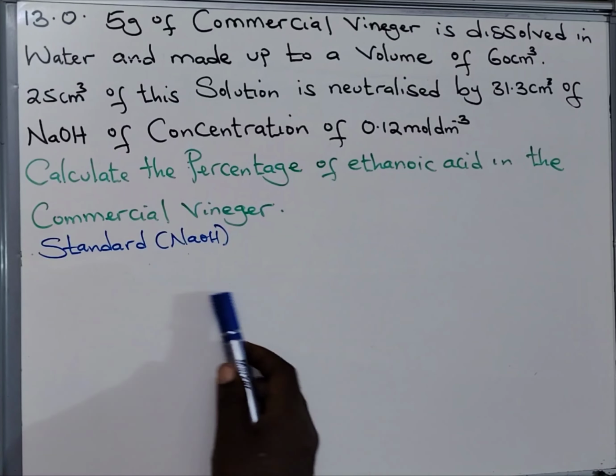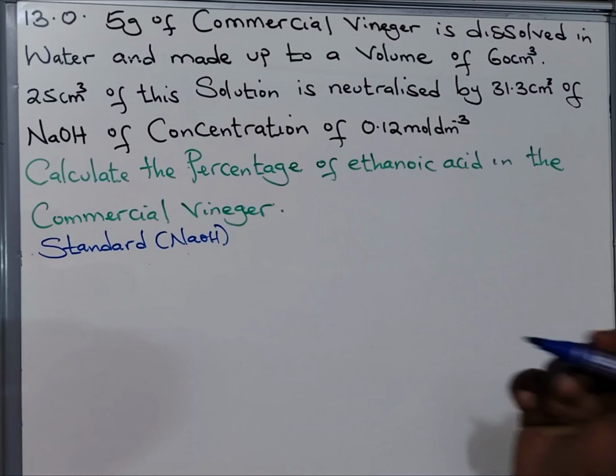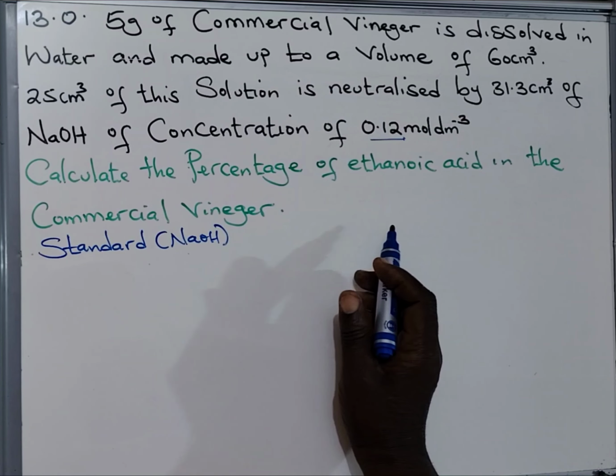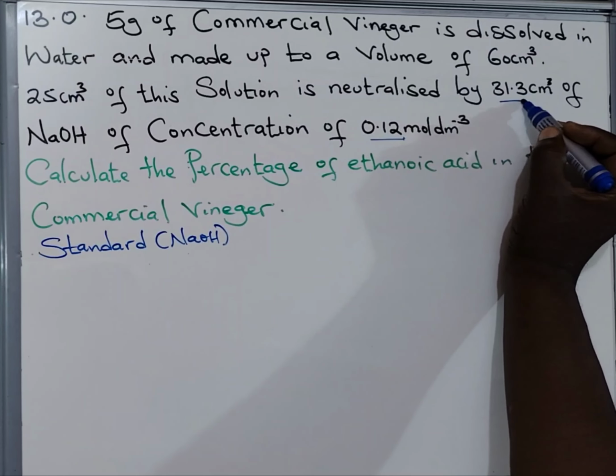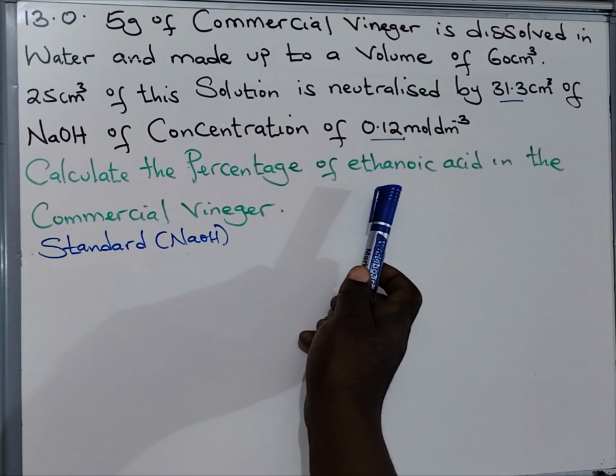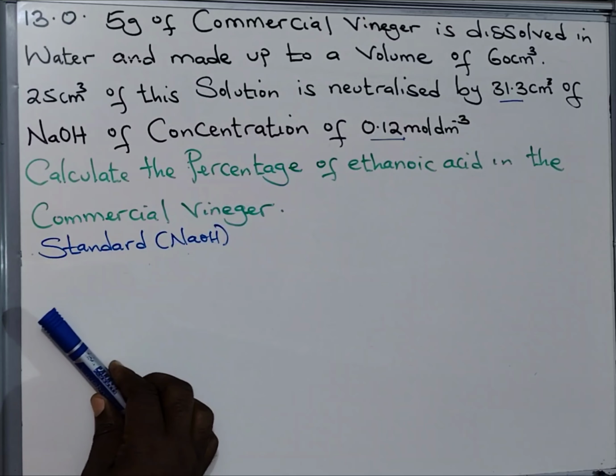So when you have the standard, what do you go and check? What do you know about the standard? We know the concentration. What else do we know? We know the volume of the standard which is reacting. That one gives you what? The moles of the standard which reacted. So what are you going to say?